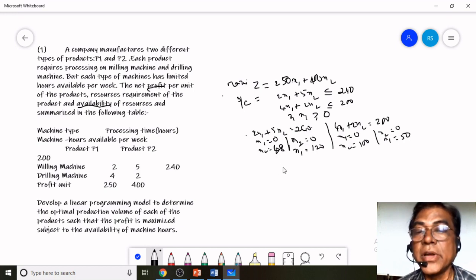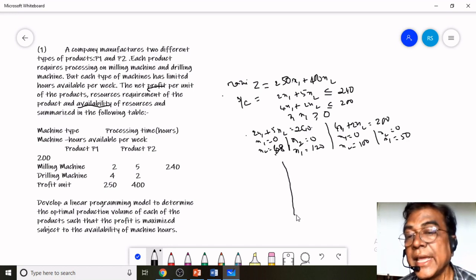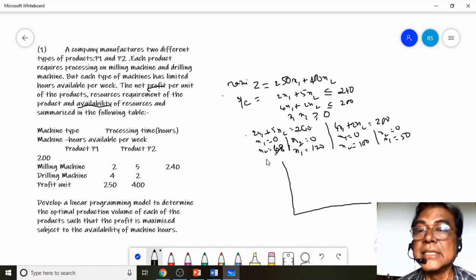Now take the graph sheet or white paper, whatever it is, and maintain the scale like this, with x1 and x2.